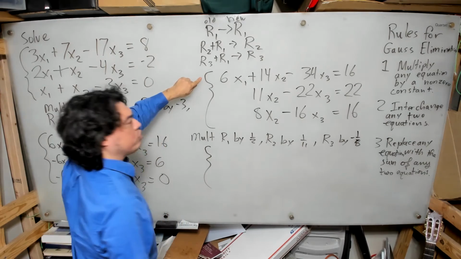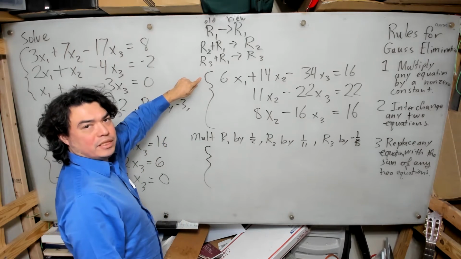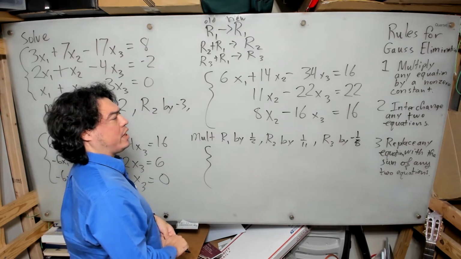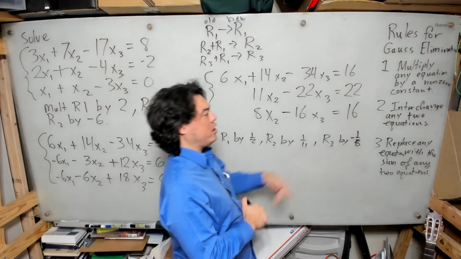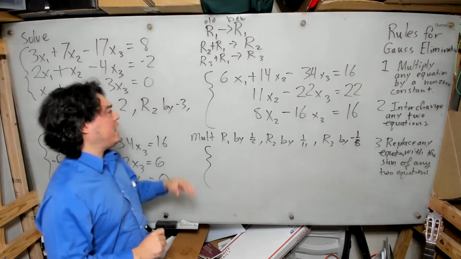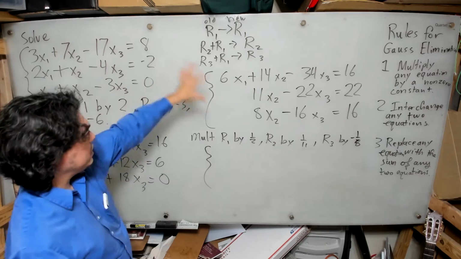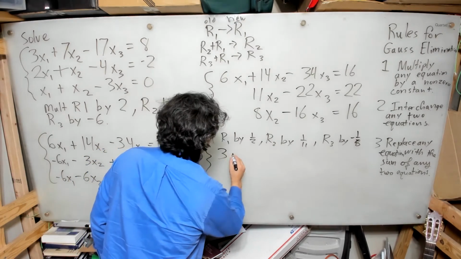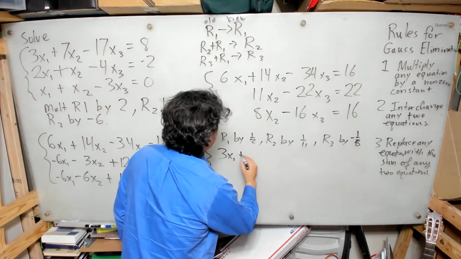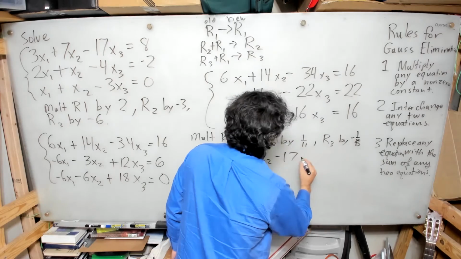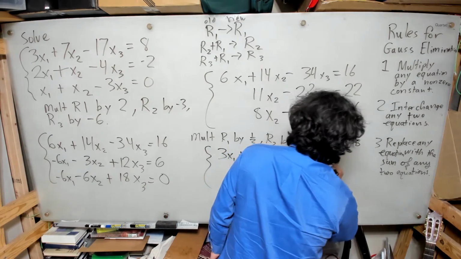What I want you guys to realize is that at each step, I'm keeping the system together, using these Gauss Elimination rules to transform the system into one where it's easier to see what the final solution is going to be. So there's 3x1 plus 7x2 minus 17x3 equals 8.